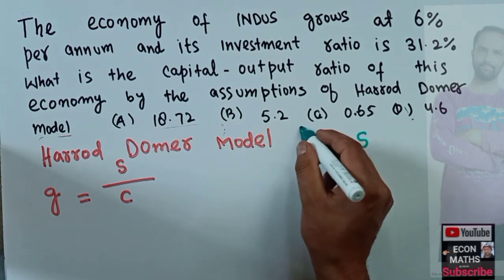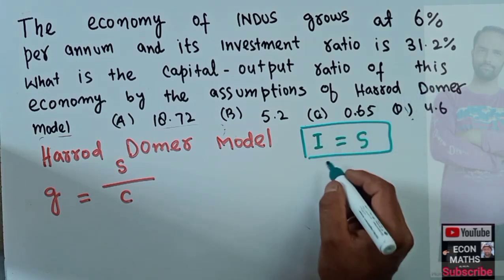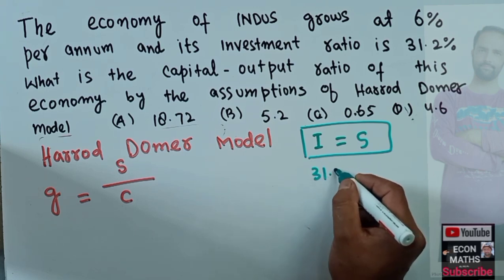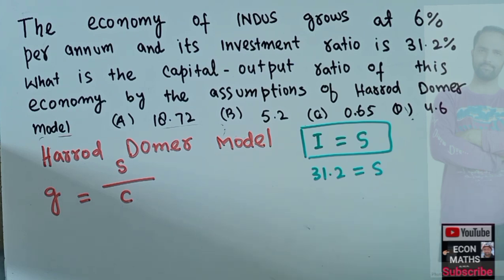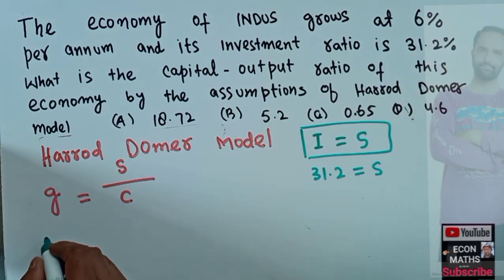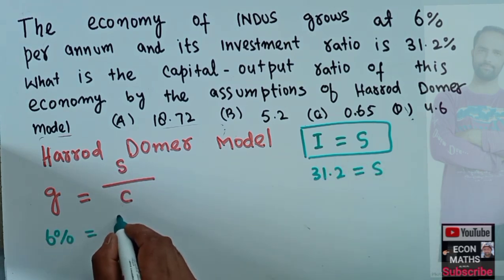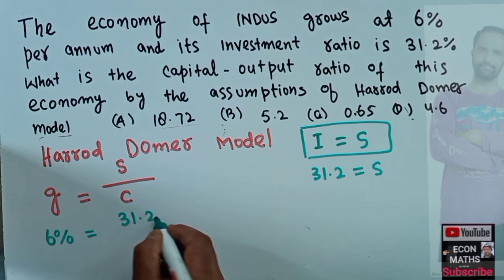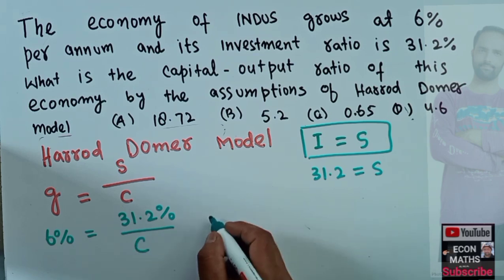Now, if investment is given as 31.2%, savings will also be equal to 31.2%. Growth rate of the economy is given as 6%. So in place of G, I can write 6% equal to 31.2% over C. We need to find out the capital output ratio, that is C.